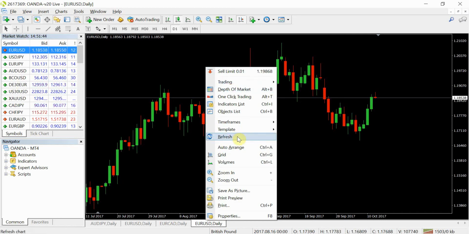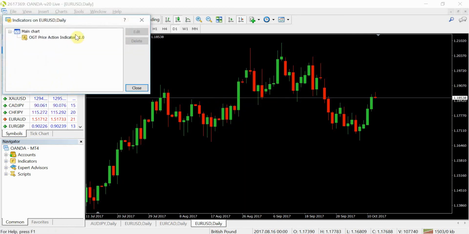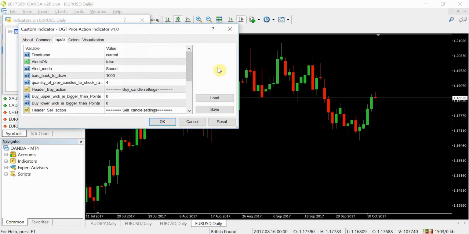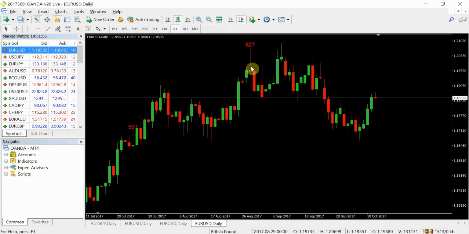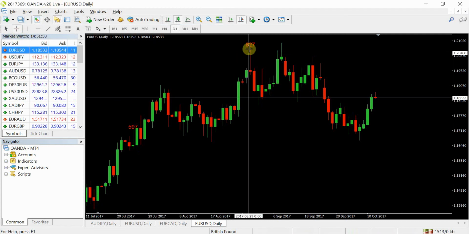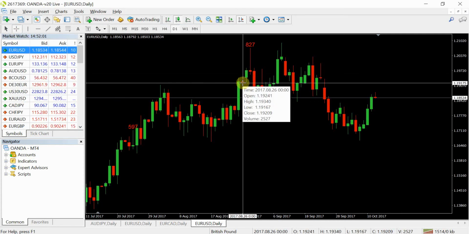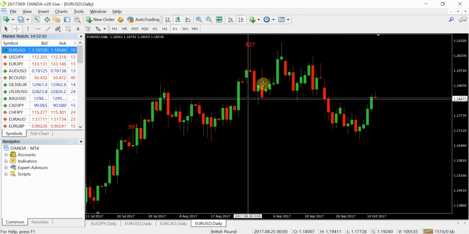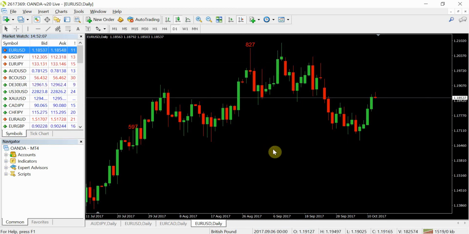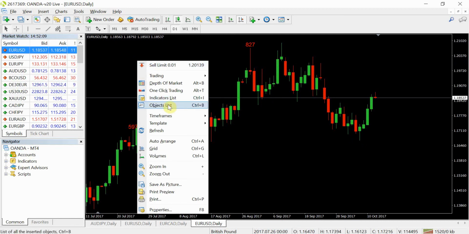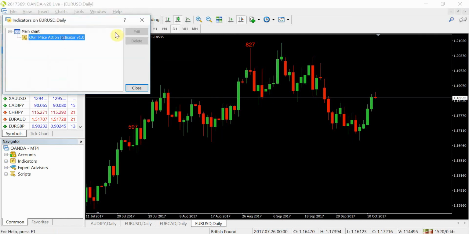So if I did change it, for example, to 2, just to show you that you can change it around, you can see that this one shows because it is greater. The range is obviously greater than this and greater than this, but not greater than this. And this one does not show because this one is the next previous candle back. So that's that one there.